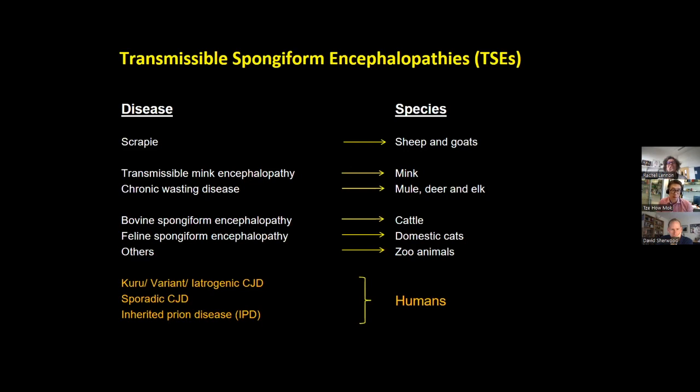Now, in humans, the commonest form of prion disease is sporadic Creutzfeldt-Jakob disease, which is sporadic CJD, and that accounts for about 85% of cases. Inherited prion disease, which we're going to focus on, usually accounts for about 10 to 15%, and we have the very rare acquired prion diseases such as Kuru, variant CJD, and iatrogenic CJD.